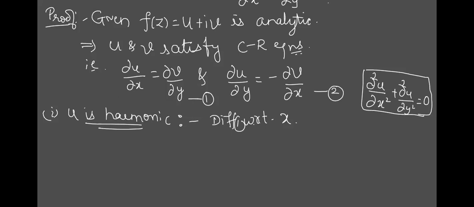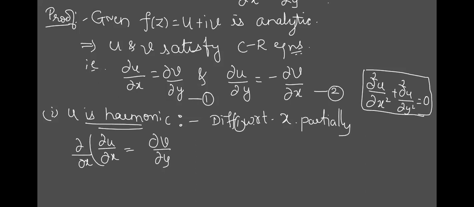I have dou u by dou x equal to dou v by dou y, and I differentiate it partially with respect to x. To balance, on both sides I do the same operation. What is dou by dou x of dou u by dou x?